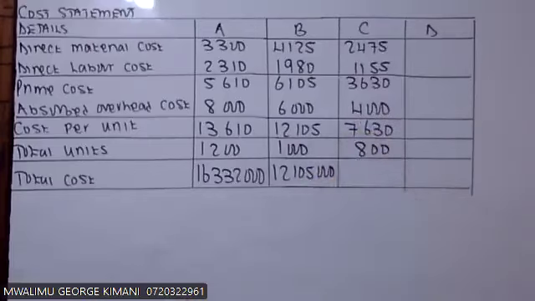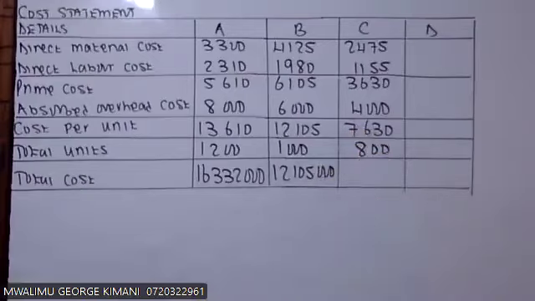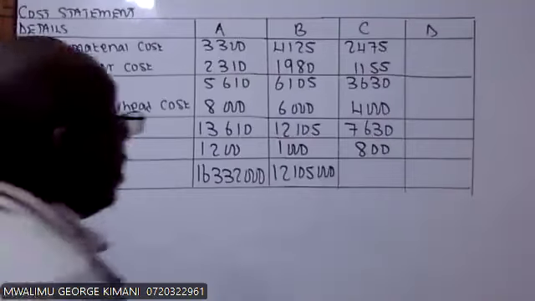It's not addition, we are multiplying. This times this. 6,104,000.